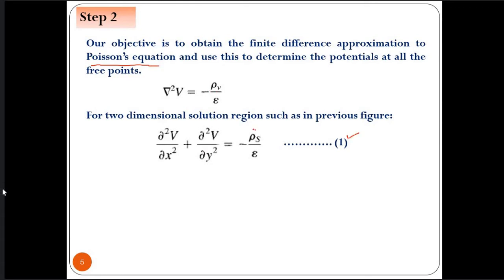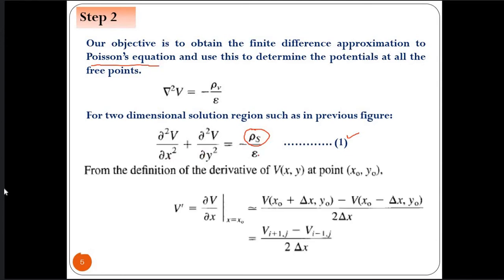As we are considering only a two-dimensional problem, there is no need to consider rho v. Instead of rho v, we write rho s, the surface charge density. So del 2V del x square plus del 2V del y square equals minus rho s by epsilon.